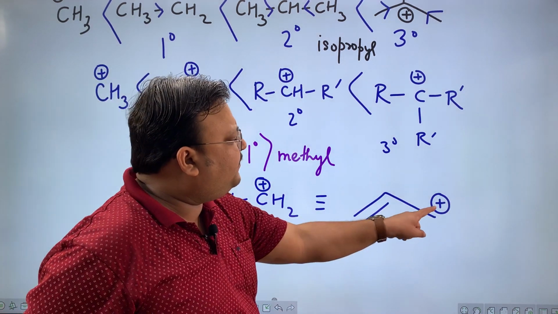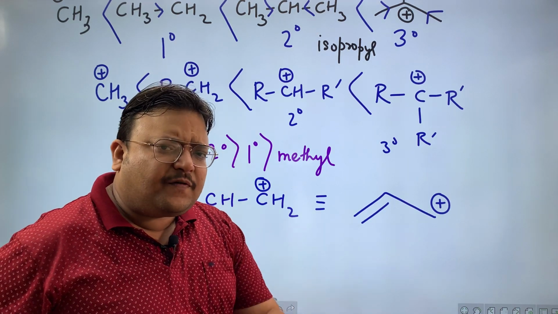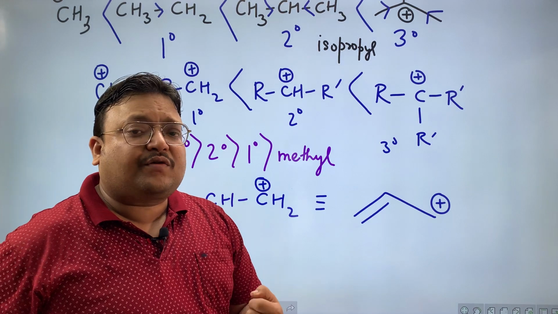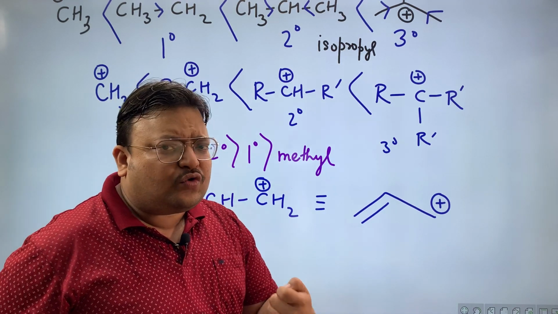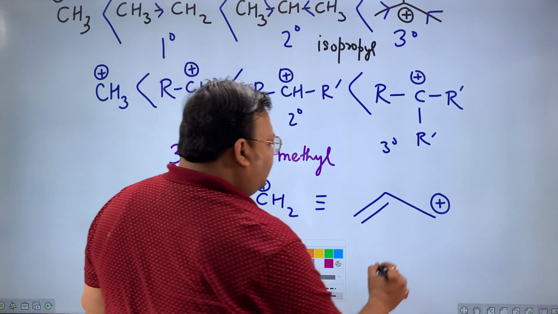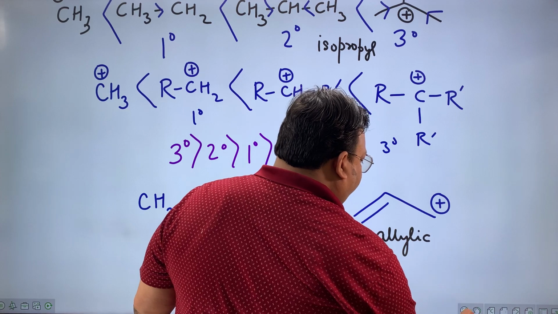Now this is positive next to a double bond. Carbon next to a double bond is called an allylic carbon. You will want to know some terms. I repeat, this might very well be called an allylic carbocation.